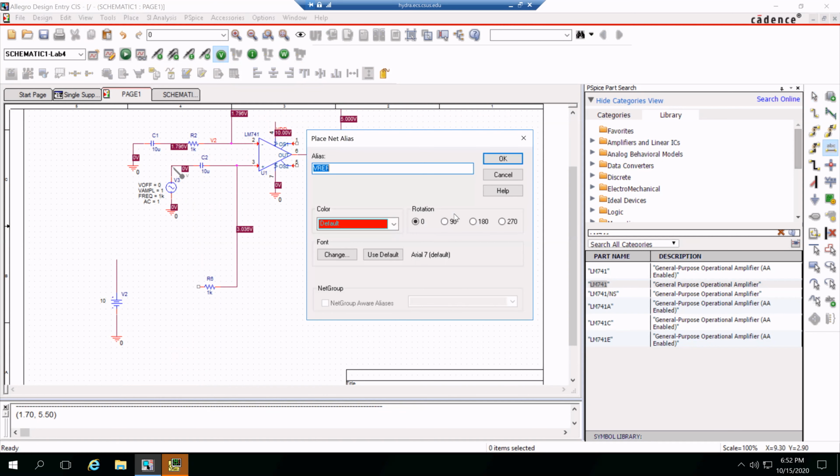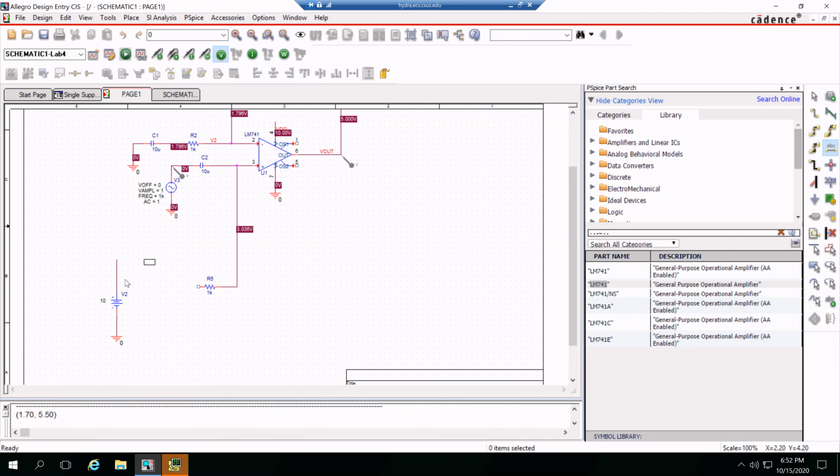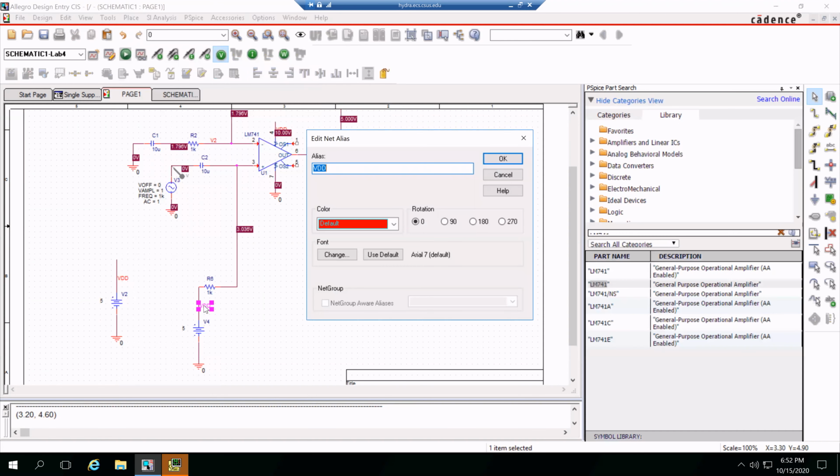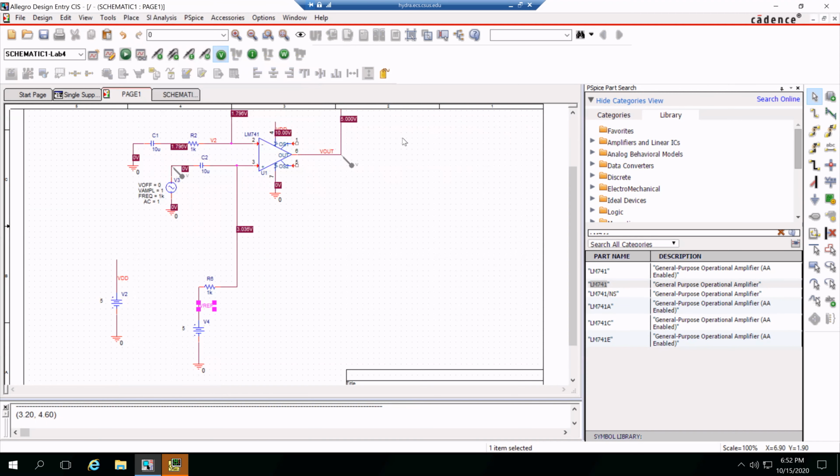I'm going to name that VDD. That there. And I'm going to change this guy back to 5 volts. And let's see if I can do this. Here we go. Copy and paste this. I'm going to delete the VDD reference. Actually, I'm just going to rename that VREF.